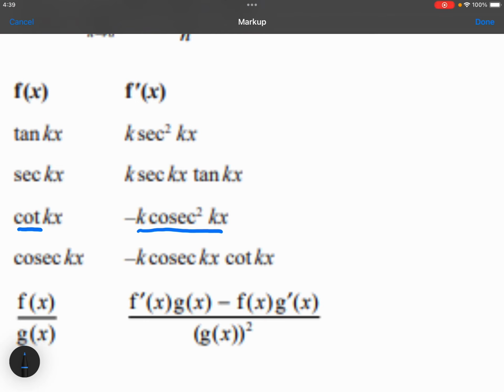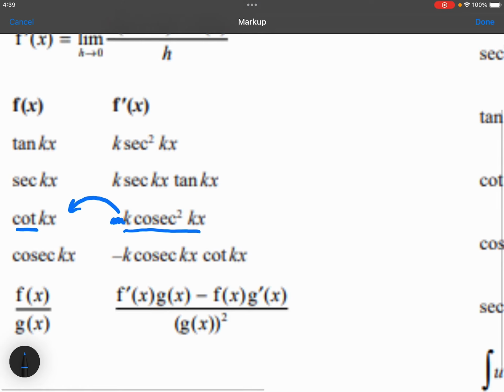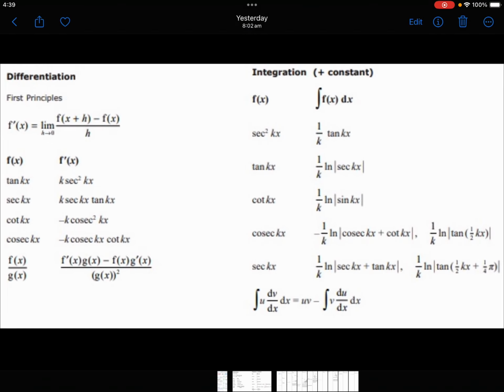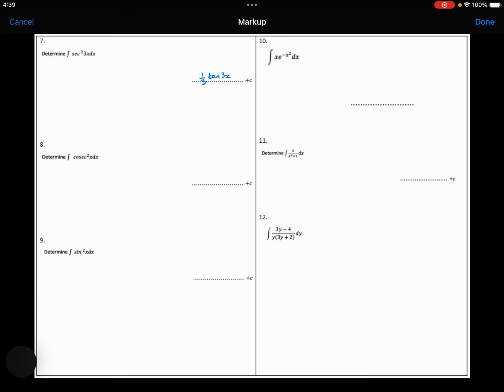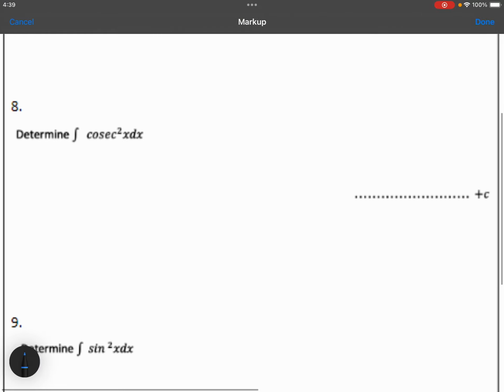So what that's telling me is the reverse is also true, that minus cosec squared is going to integrate to be cot. Therefore, cosec squared is going to integrate to be minus cot x plus c.